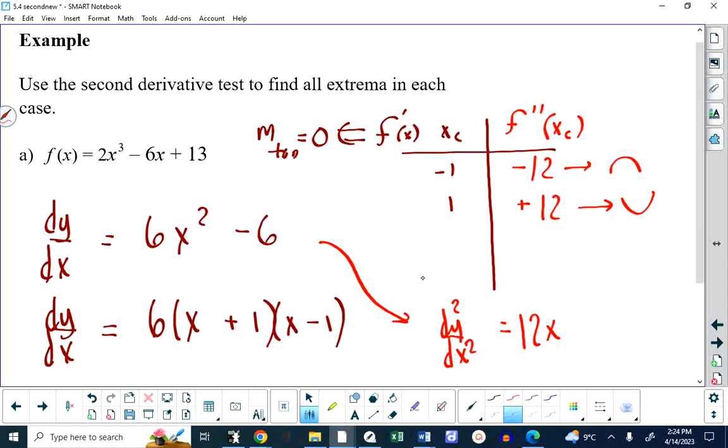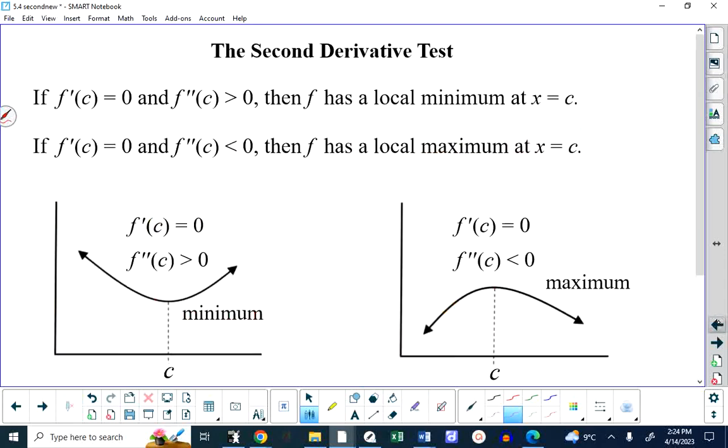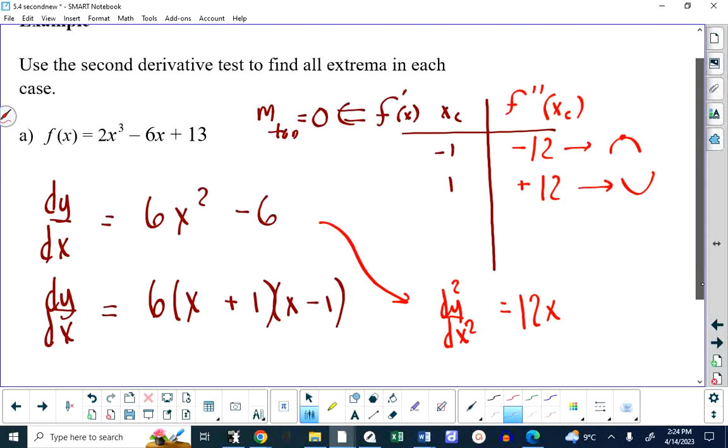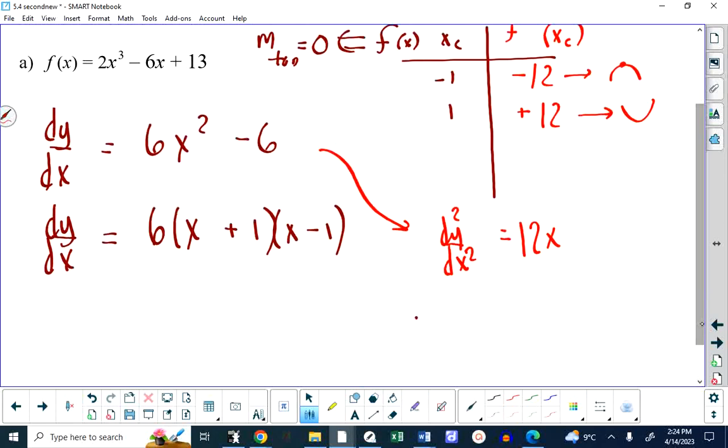And this bit over here, everybody, I wouldn't recommend memorizing that. That's thinking about things. What does it mean to say concave down but having a slope of 0? It must be that this is where the slope is 0. So what that means is we have a maximum at -1, comma something, and a minimum at 1, comma something.